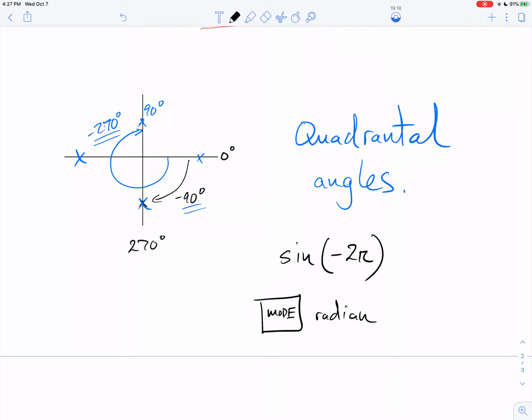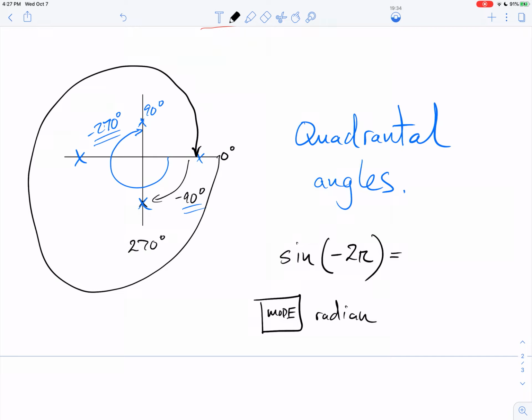But what I'm trying to get at is, eventually, when you start playing around with this, you're going to get to the point where you don't even look at your calculator for something like that. You'll just say, oh, well, that's the same thing as making one full revolution, ending up back here at 0. And guess what? The sine of 0 degrees is the exact same thing as the sine of 0 radians. It's 0.